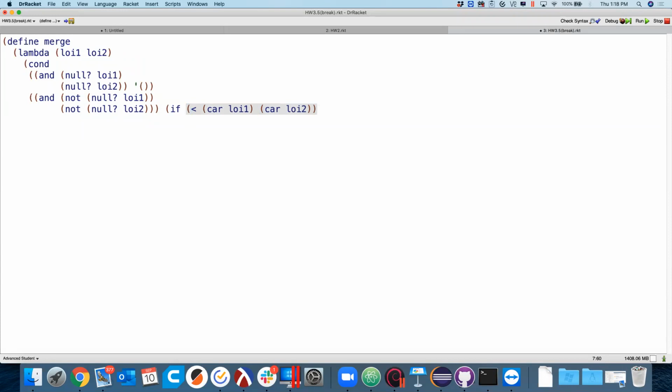If that's a true statement, that means we want to cons the car of LOI1 onto calling merge again, right? So we'll cons car LOI1 onto merge, passing it cdr LOI1 and the current LOI2.